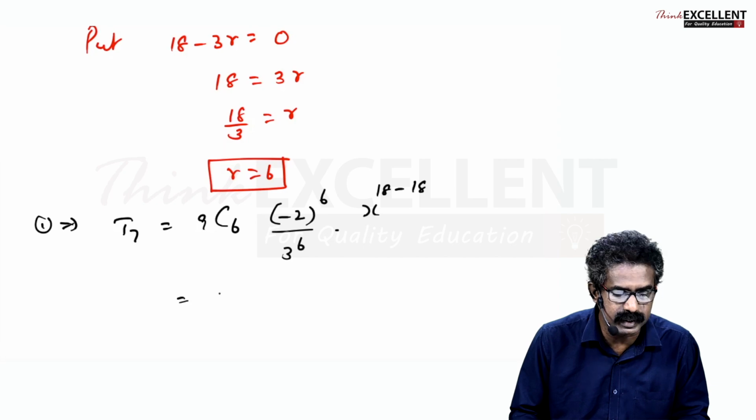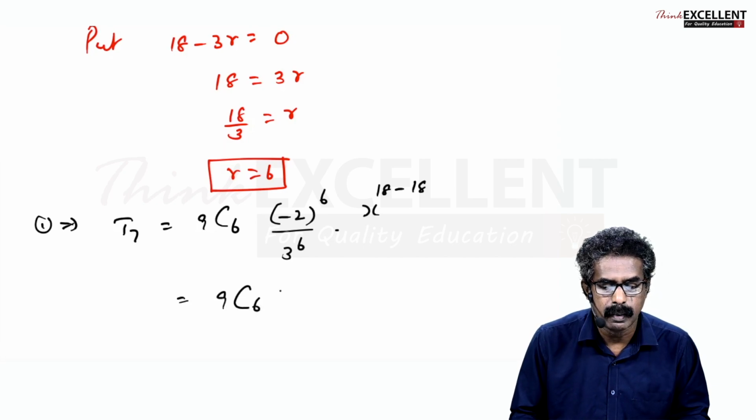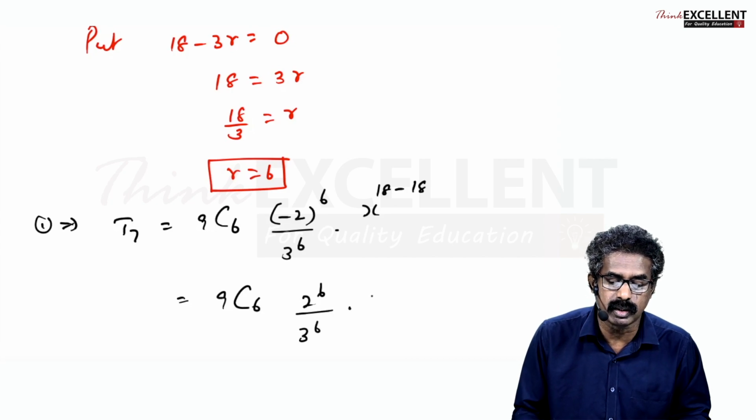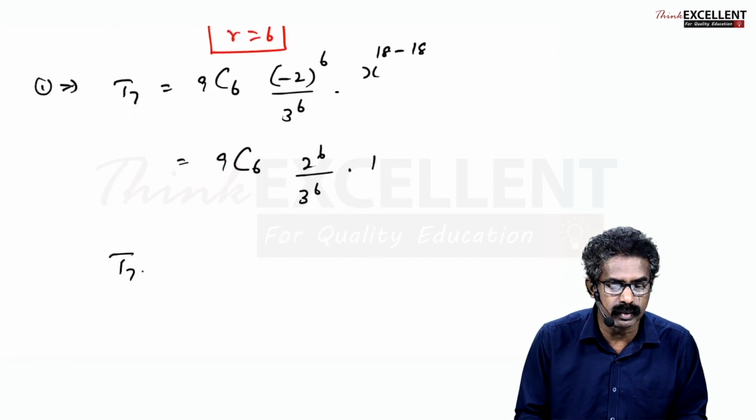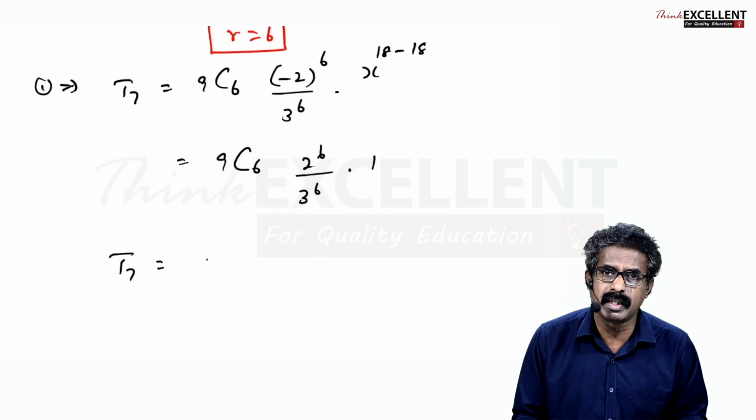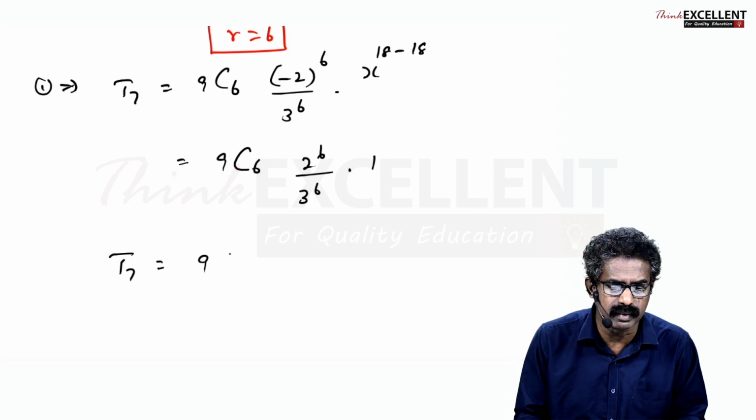So any number raised to 0 is 1. So 9C6, minus 6 times plus, so 2 raised to 6 by 3 raised to 6 into x raised to 0, any number raised to 0 is 1, okay? So T7 is equal to 9C6, which can be written as 9C3, into 2 raised to 6 by 3 raised to 6, or you can say 2 by 3 raised to 6.